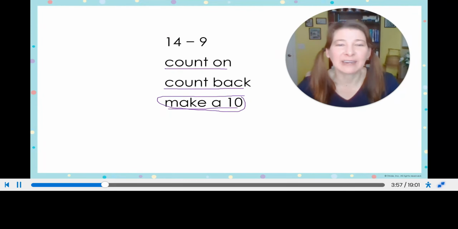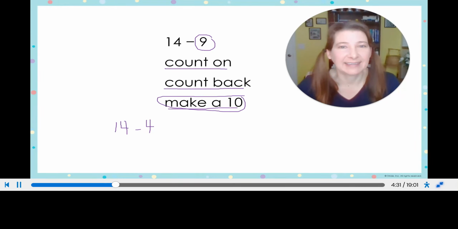We have 14 minus 9. So we are going to be breaking apart 9 so that we can make a 10. So let's rewrite our problem. And if you need to, imagine 2 10 frames with 14 counters. How many would you first take away to empty out that second frame? You would need to take away 4. That would bring you down to 10.